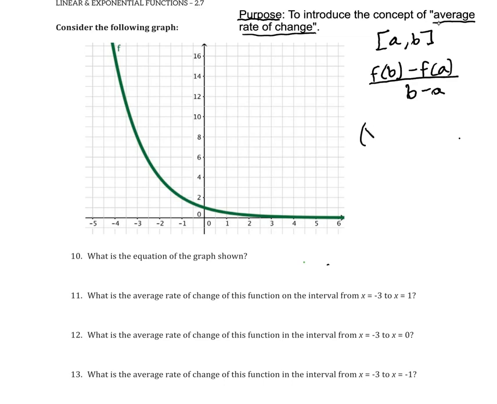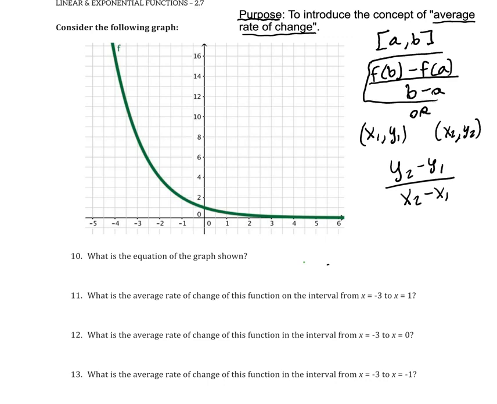Another way you could think of it is if I have 2 points, (x1, y1) and (x2, y2), then this formula could be simplified to be y2 minus y1 divided by x2 minus x1. So either of these are ways of determining the average rate of change, or the AROC, as some people like to call it, if you want to be cool in math world.